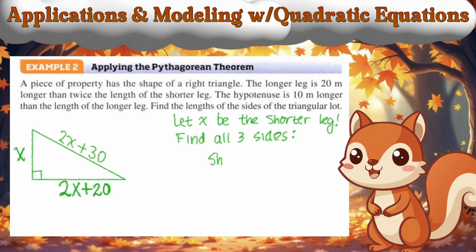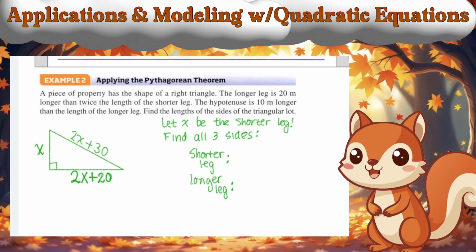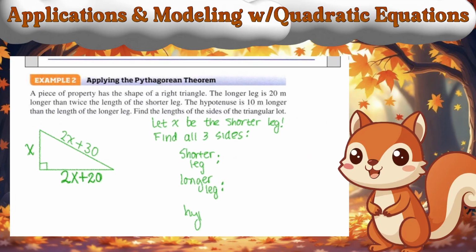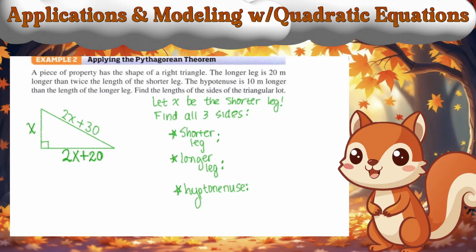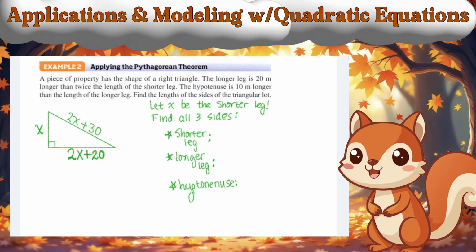So I'll have shorter leg, longer leg, and hypotenuse. Now, the benefit of setting it up is that you know at the end that you found everything you needed to find and you're good to go. So that's what I need to find to be done with the problem.